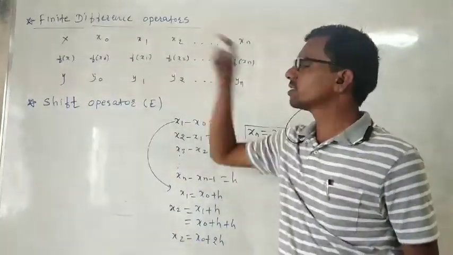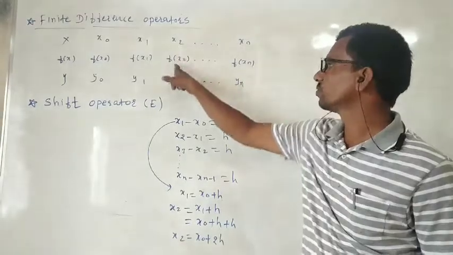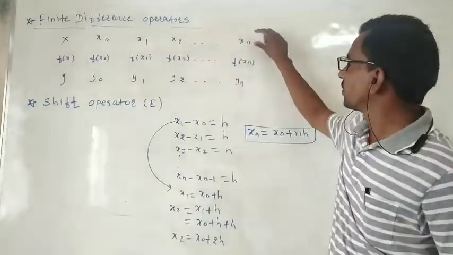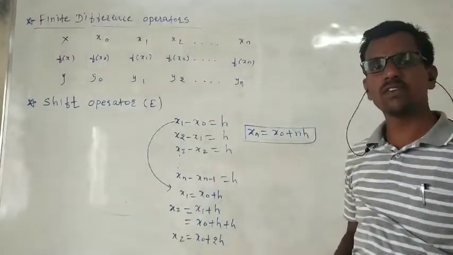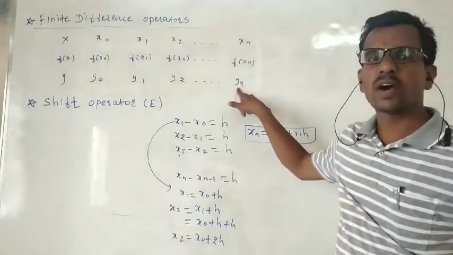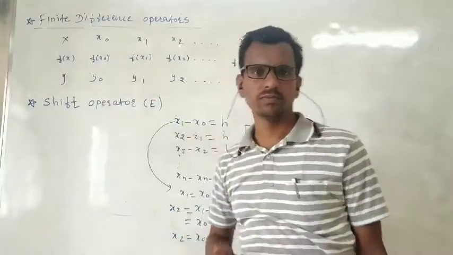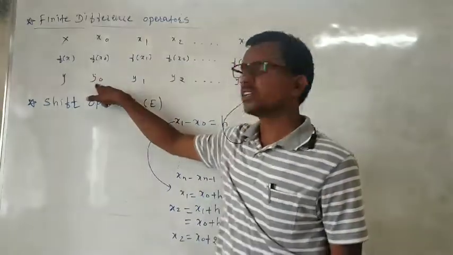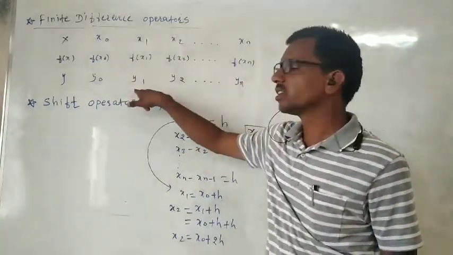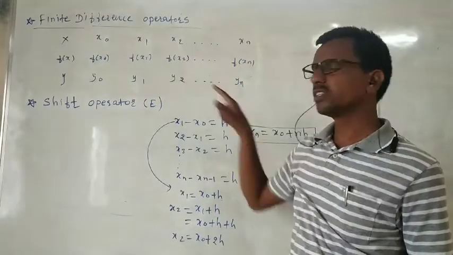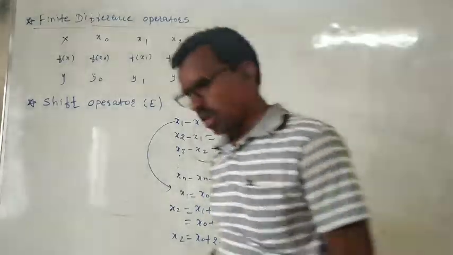Corresponding to x1, function value is f of x1. Corresponding to x2, function value is f of x2. Corresponding to xn, function value is f of xn, which is also called yn. Corresponding to x0, function value is y0. Corresponding to x1, function value is y1. Corresponding to x2, function value is y2, and so on.